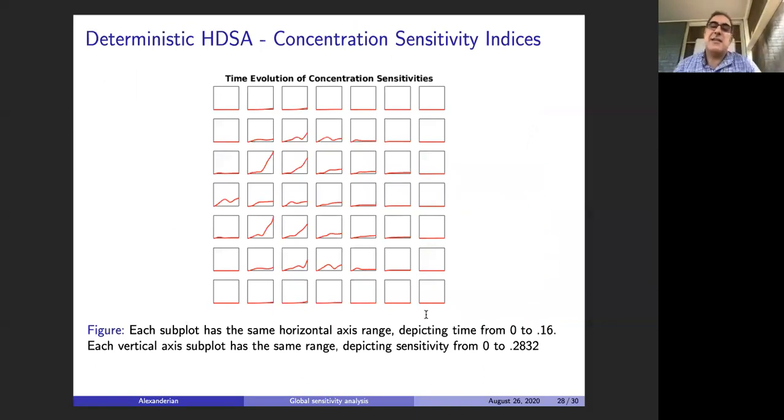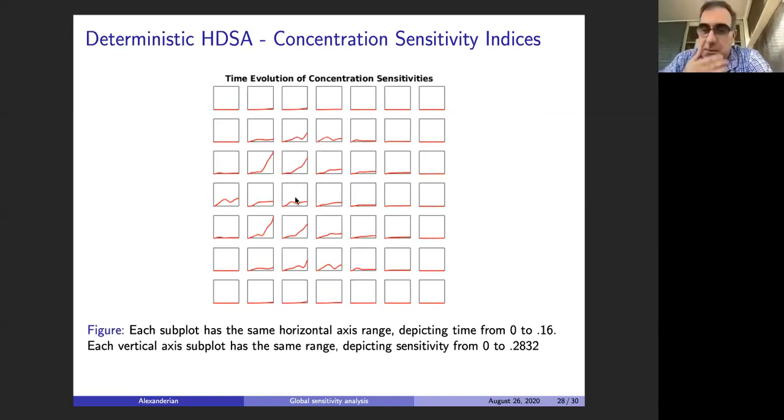So let me just go to, maybe just as an illustration, let's discuss the sensitivity to concentration data coming from the sensors. So we have a grid of sensors, and that's why we have this grid of plots. And the x-axis in each of these plots is time. And we see that we observe some sensitivities to some of these sensor measurements over time.